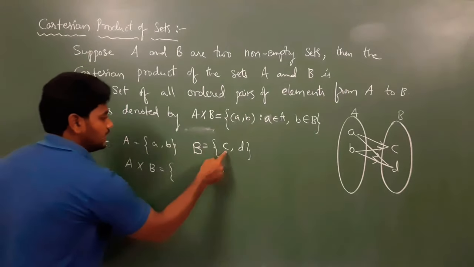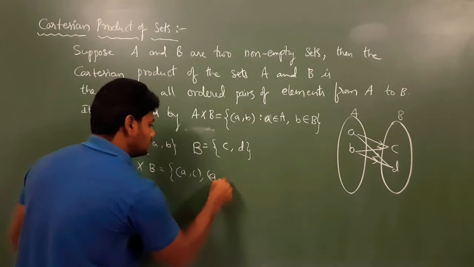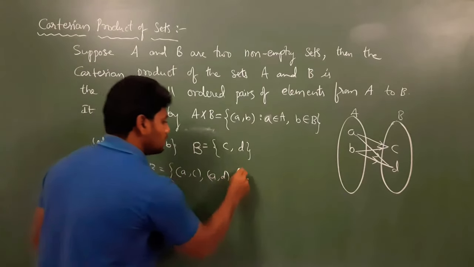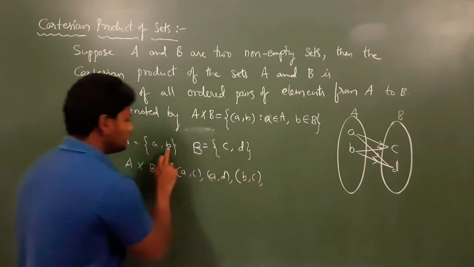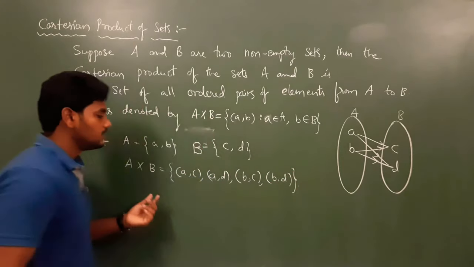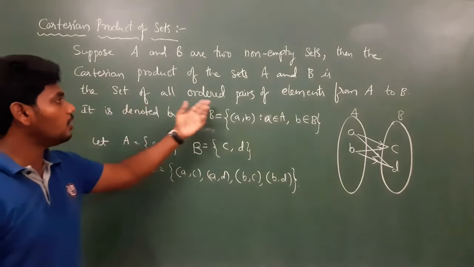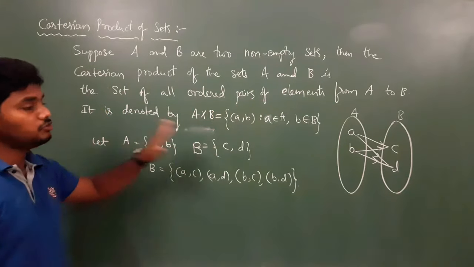What are those? a comma c and a comma d, b comma c and b comma d. This is the Cartesian product of A and B, nothing but set of all ordered pairs of elements from A to B.